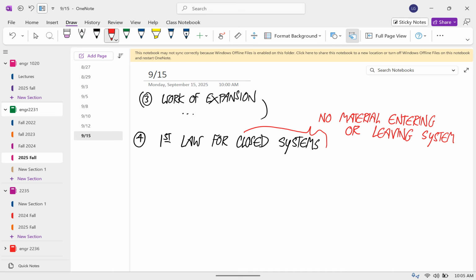Instead of looking at a fixed amount of material, we're going to be looking at a set volume, a place in space. And in that place, material is going to be going in some inlet or multiple inlets and going out some exit. So we're going to have to take into account the fact that the system we're looking at is not the same material. It's some of the same material, some new material, and it's lost some old material. So that's the distinction between closed systems and control volume. That's what control volume analysis is.